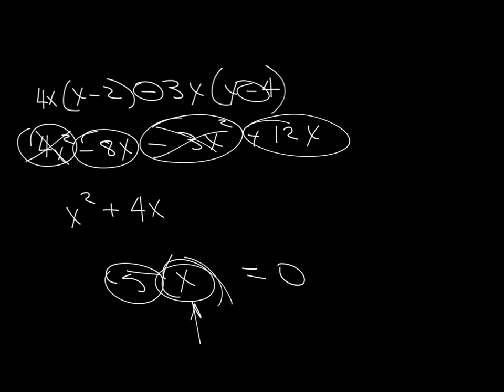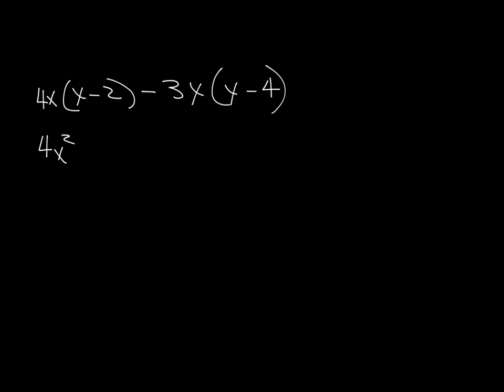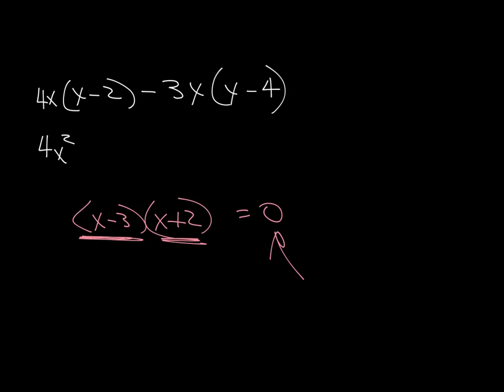If I had something like one of the other problems they have here, x minus 3 or x plus 2, and I were to say those were going to be 0, well, that means that one of these has to equal 0 so that when I multiply it by the other, I get 0, because the only way you can get 0 for an answer is if one of the numbers you're multiplying is equal to 0.